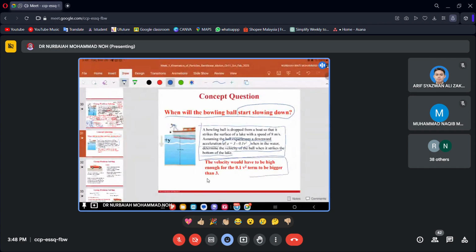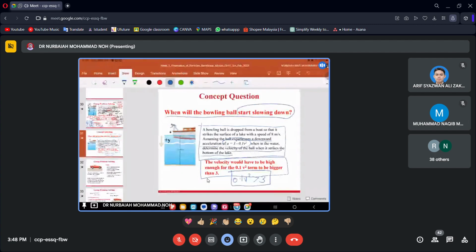Okay. So jawapannya begini. Dia kata apa? The velocity would have to be high enough for the 0.1 V squared term to be bigger than 3. Okay. Maksudnya kalau dia less than 3, dia akan start to slowing down. How can we get this?